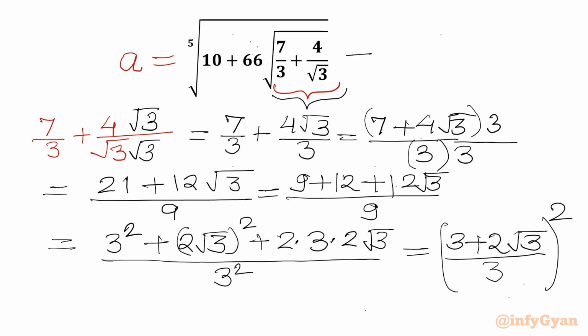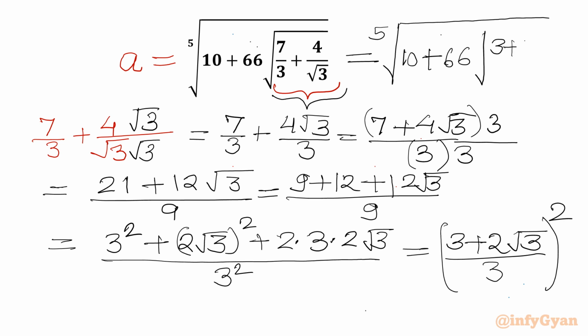So I can write A will be the fifth root of 10 plus 66 times the square root of 3 plus 2 square root 3 over 3 whole square. Now the square root and square will be over and we can cancel 66 by denominator 3 and it will be 22 in the numerator.